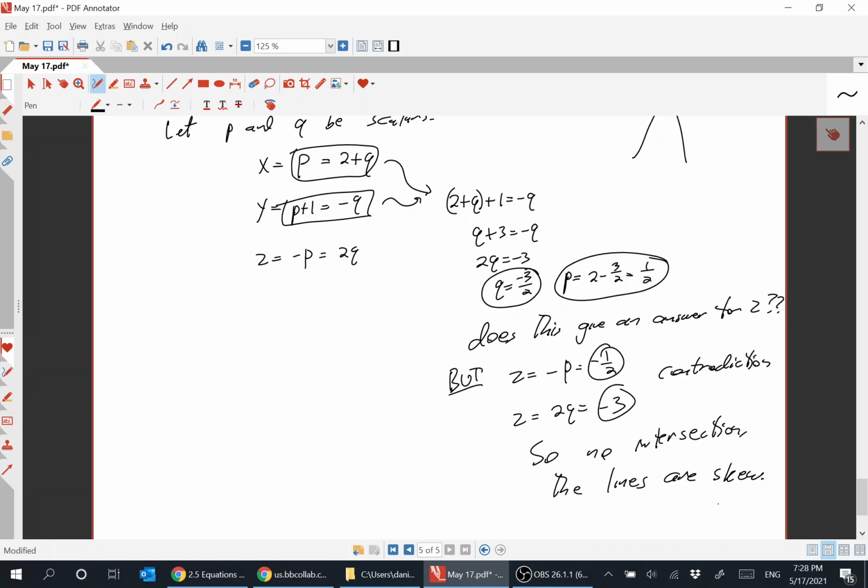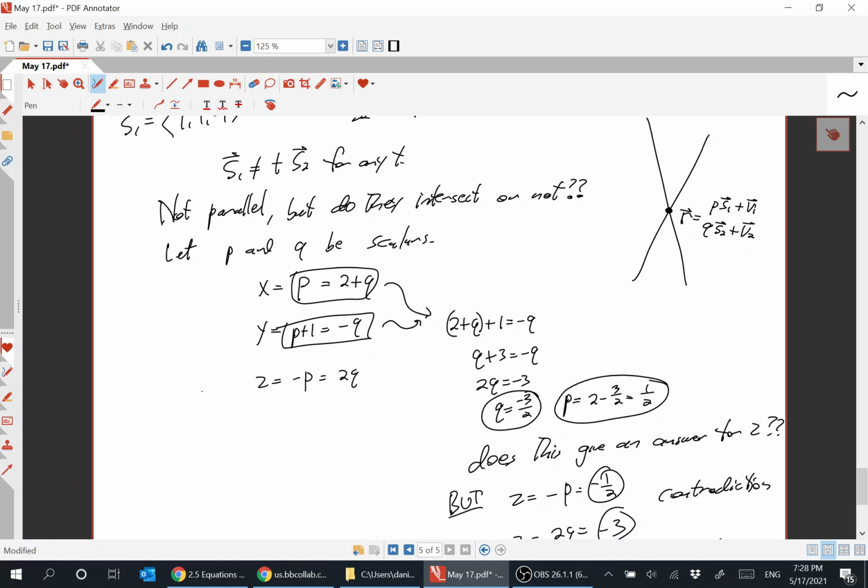Okay, so when you want to find the intersection point, if there is one, of two lines, you pick two different scalars, P and Q, S and T, A and B, whatever you like. Use one scalar for one line and one scalar for the other line, and set the parametric equations equal to each other.